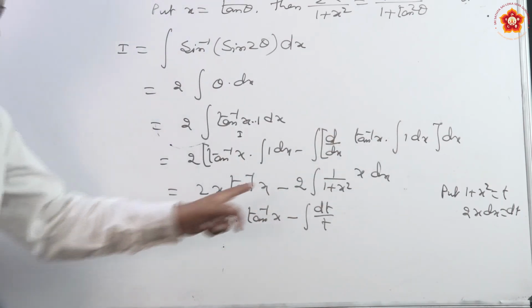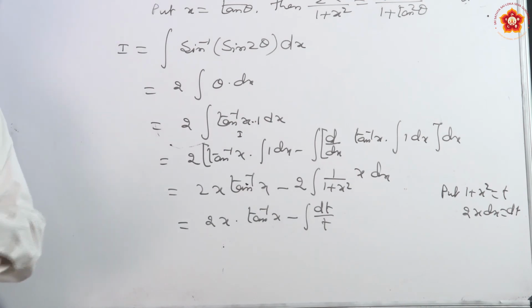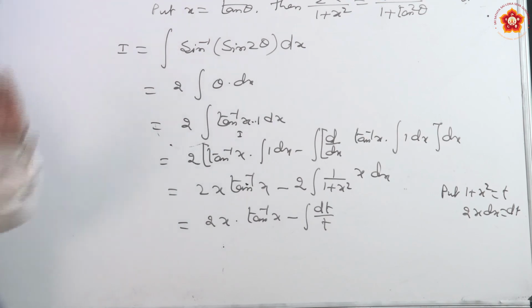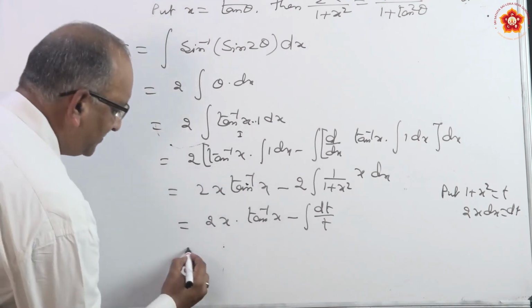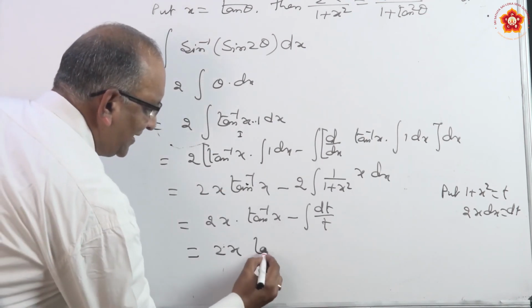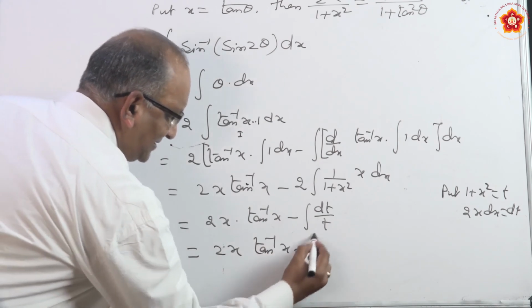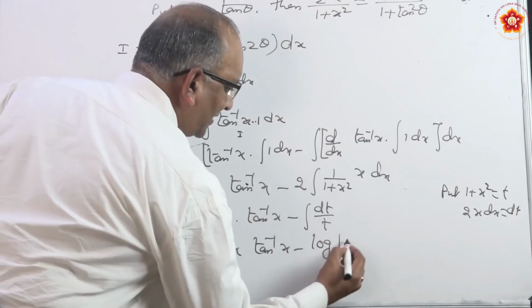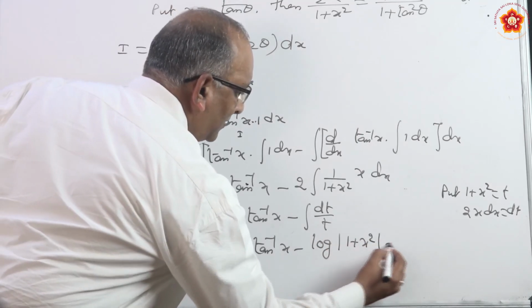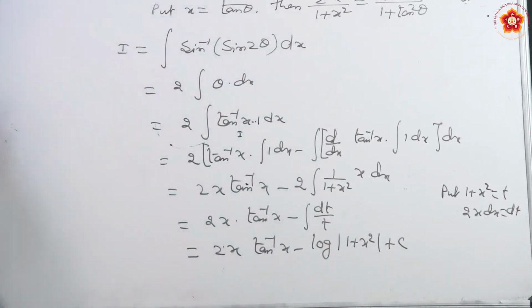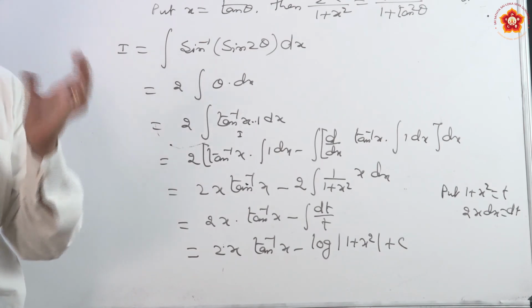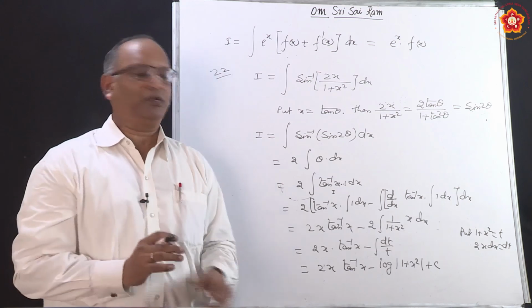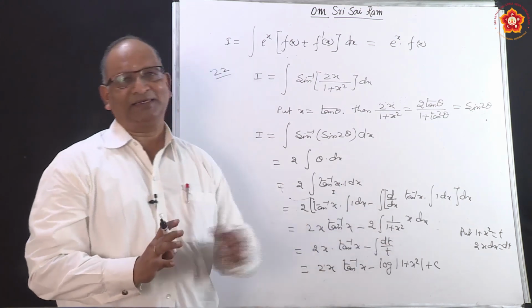What is the integral of 1 by t? It is the same as the integral of 1 by x. What is the integral of 1 by x? Log x. So you will get 2x tan inverse x minus log t. What is t here? 1 plus x square, plus c. Why have we put the modulus sign? Because whenever there is log, it can be taken only for positive. So we take the positive value. So that is the answer.